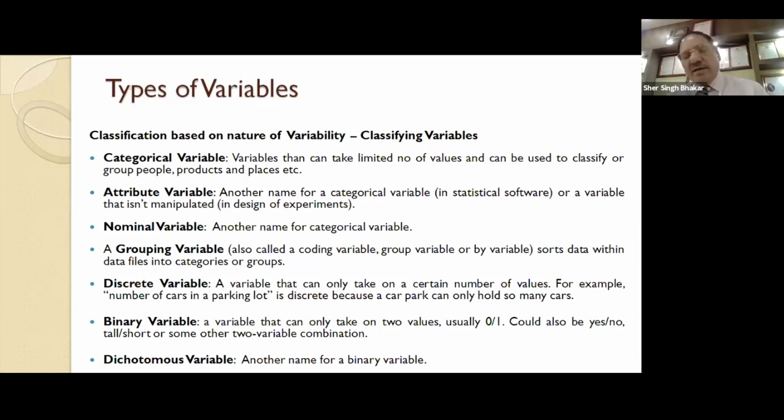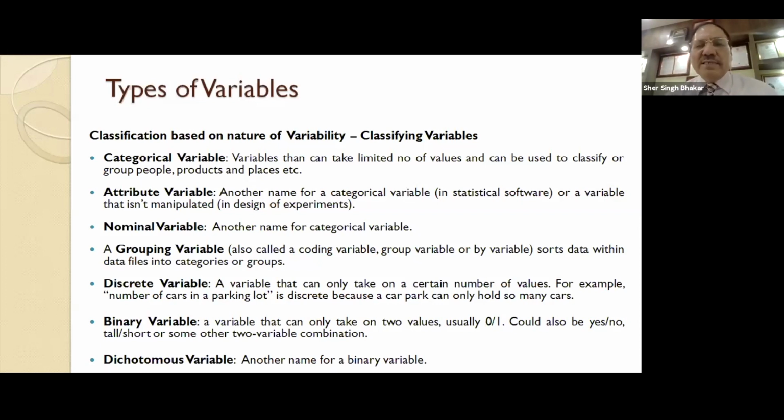So this is used for classifying the sample into groups, like say gender. We can use gender for classifying the sample into male and female, or we can use say education qualification as a category variable, and that can classify the sample into people who are graduates, postgraduates, PhD holders, or below 10th, etc. So you can classify people into different groups using categorical variables.